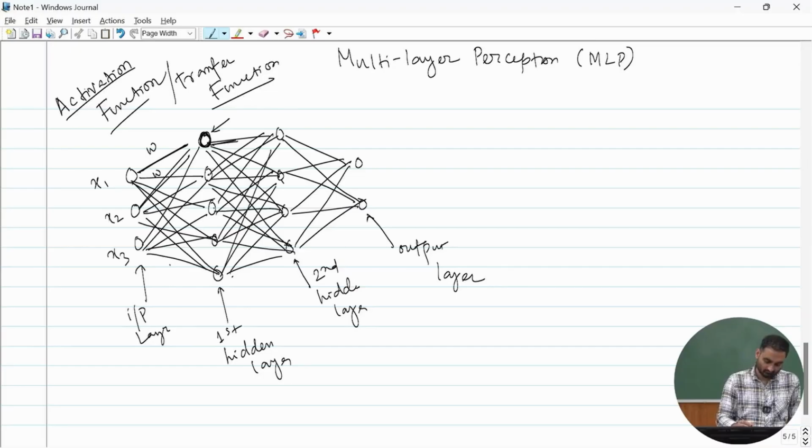Let's say input 1 is connected to neuron 2, right? So the weight will be W21, right? So if xi is connected to a neuron whose index is j, the weight is going to be wji.